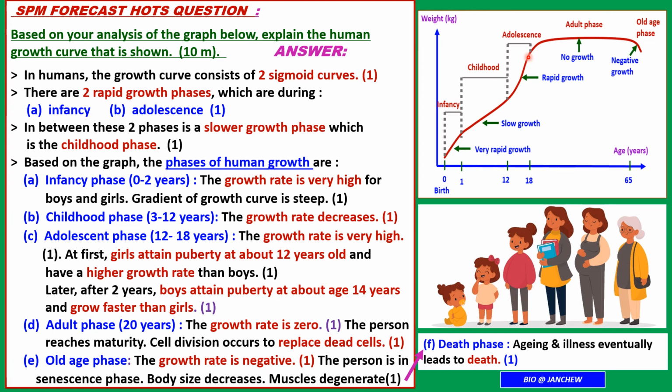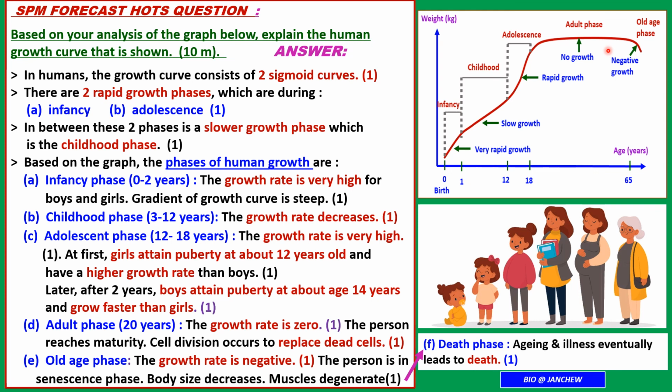Okay, now after that, the growth rate slows down here in the slow growth phase, because the individuals are reaching maturity. And then during the adult phase, when they have attained adulthood around 20 years old, the growth rate is 0, right? The person reaches maturity, and the cell division occurs mainly to replace the dead cells.